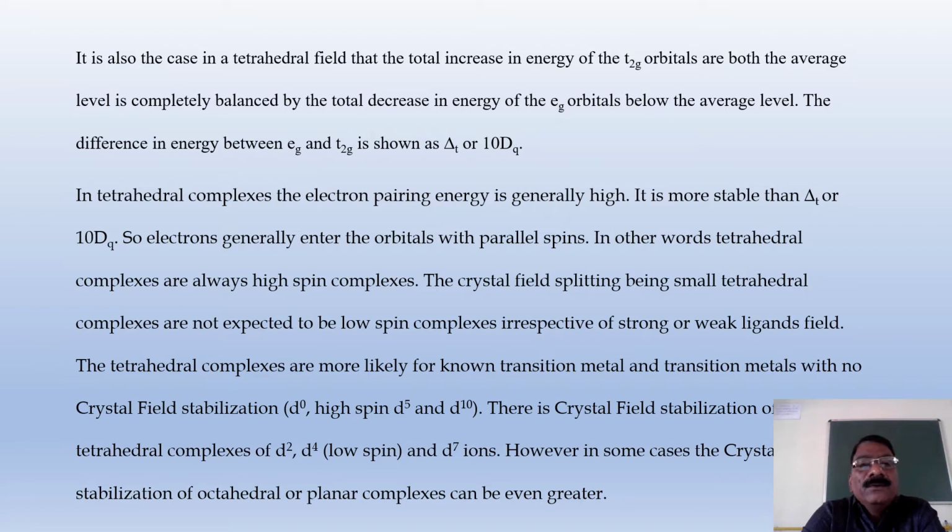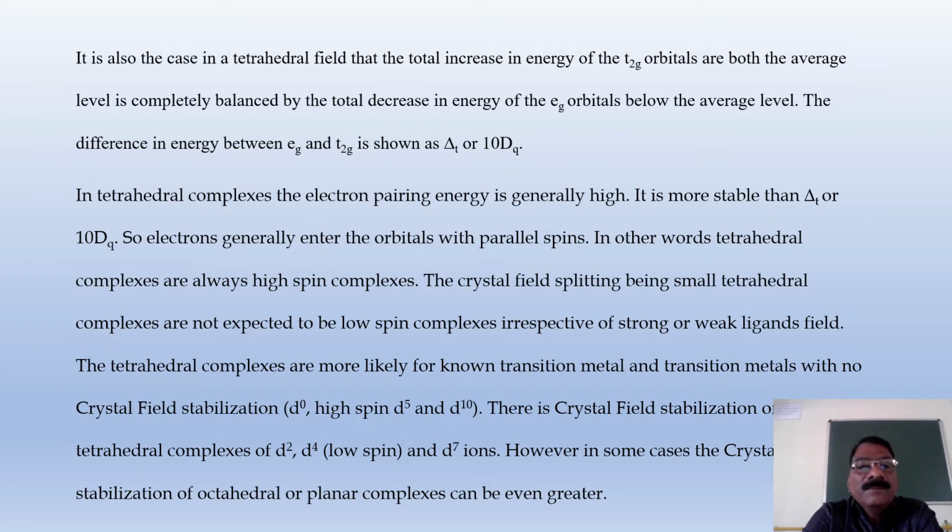In tetrahedral complexes, the electron pairing energy is generally high. It is more than delta T or 10 Dq. So electrons generally enter the orbitals with parallel spin. In other words, tetrahedral complexes are always high spin complexes, the crystal field splitting being small.